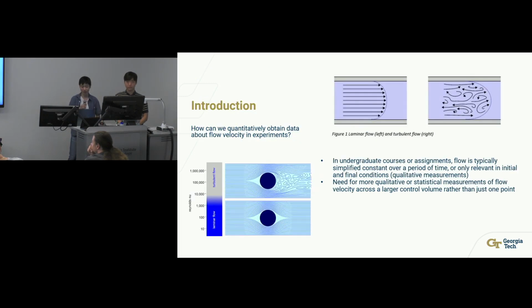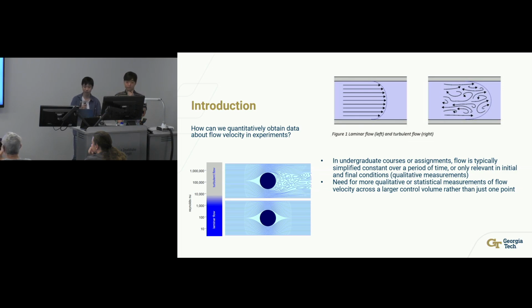As a brief introduction, one of the questions that many graduate scientists need to figure out when experimenting with fluids is how we can diagnose the fluid properties of an experiment without drastically affecting the fluid. To be more specific, how can we quantitatively obtain data about flow velocity in different kinds of experiments?